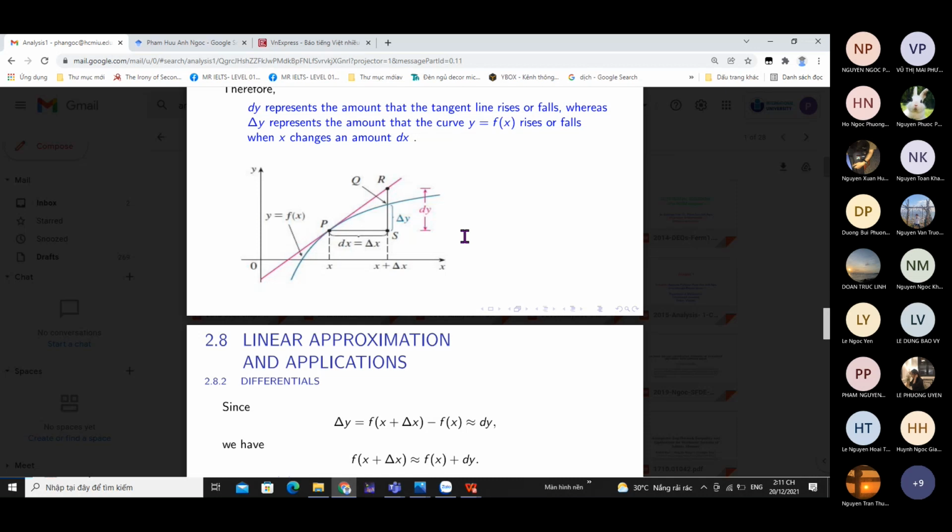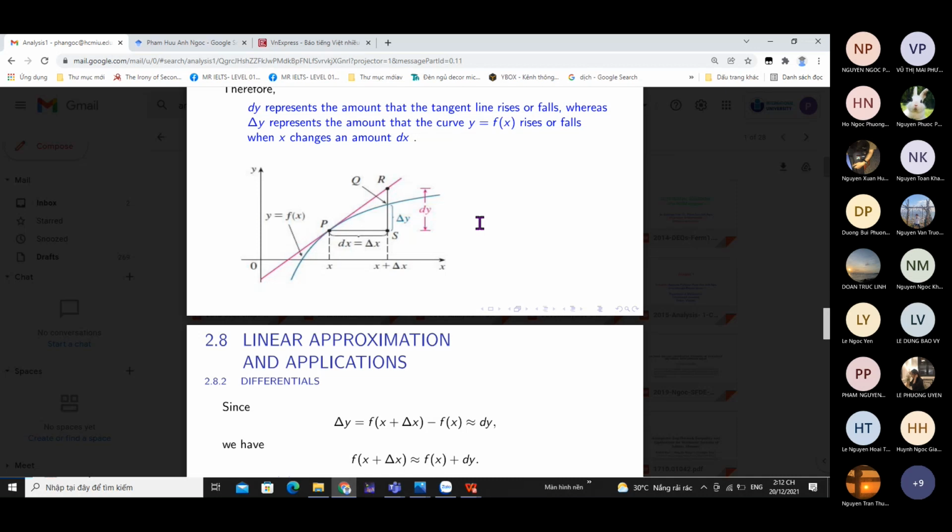Delta y here is just the change in y. So what is dy? The differential of the function y at x. As you can see here, dy represents the amount that the tangent line rises or falls. So dy here gives you the amount that the tangent line rises or falls.